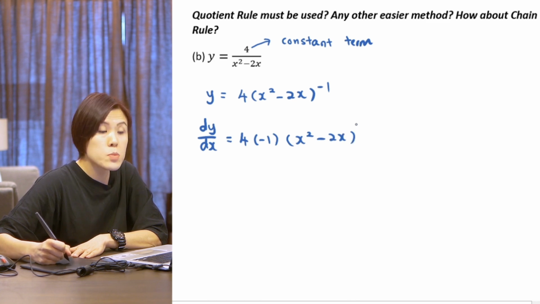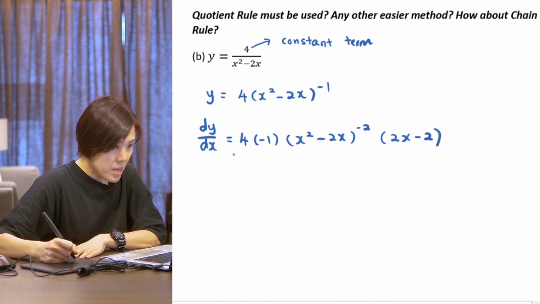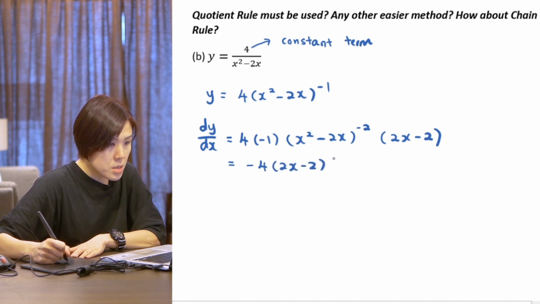So negative 1 less by 1 is negative 2. And don't forget to differentiate inside, which is 2x minus 2. So by simplifying this, we will have negative 4 times 2x minus 2 times x squared minus 2x to the power negative 2.